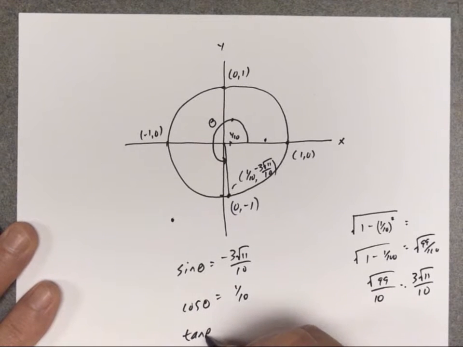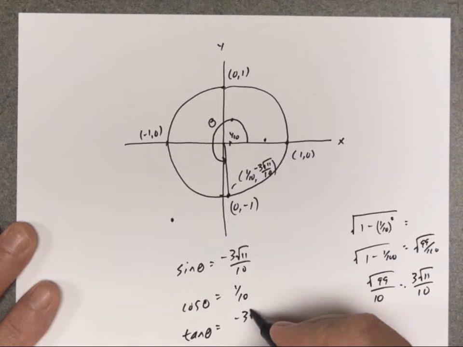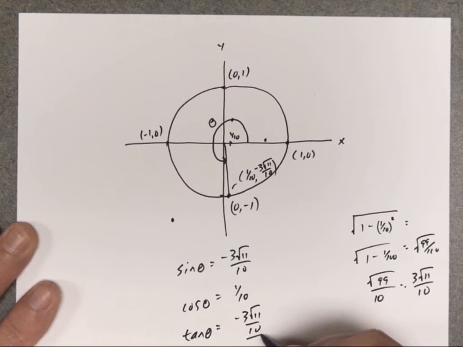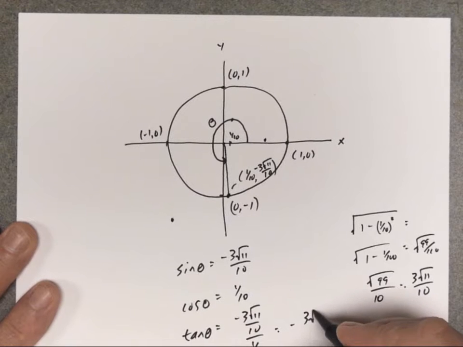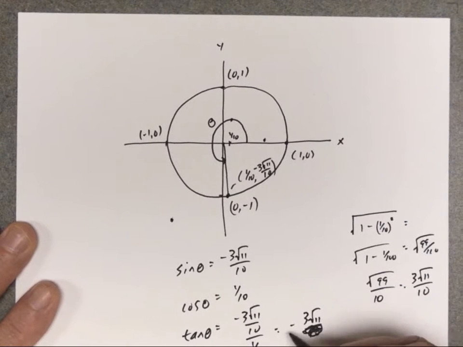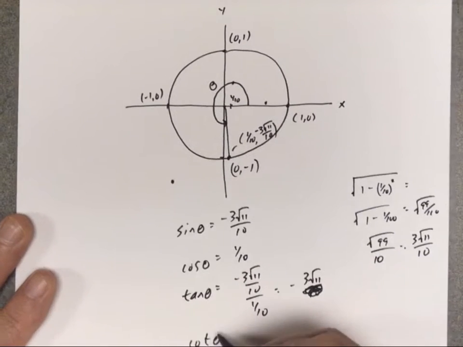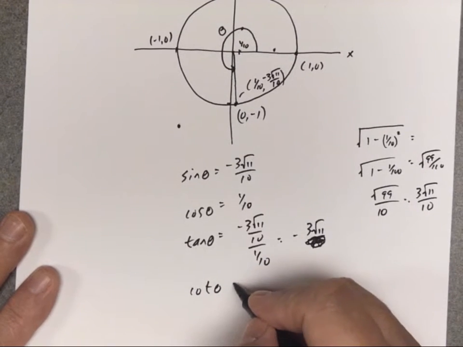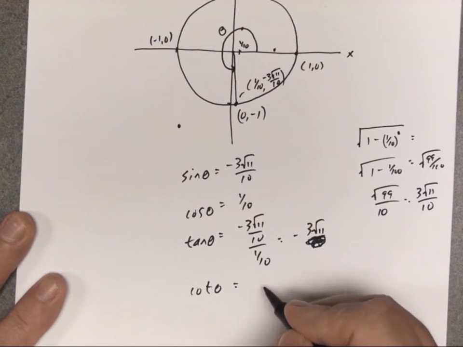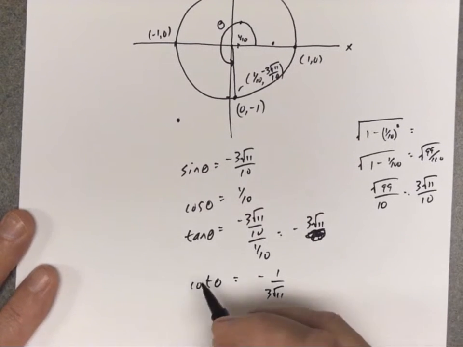If I want the tangent of that angle, sine over cosine, negative 3 square root of 11 over 10 over 1/10. Oops, negative 3 square root of 11. Cotangent: flip the tangent, negative 1 over 3 square root of 11.